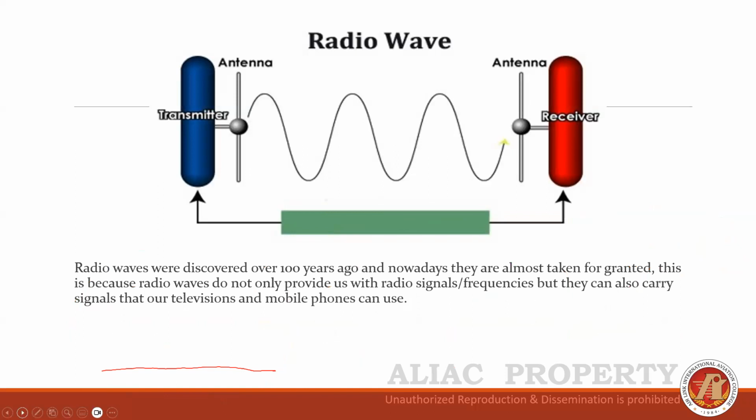So like we said earlier, radio waves work when there is a transmitter and receiver. Radio waves were discovered over 100 years ago and until now, they are almost taken for granted. It's because the radio waves do not only provide us with radio signal frequency, but they also carry signals that our televisions and mobile phones can use.